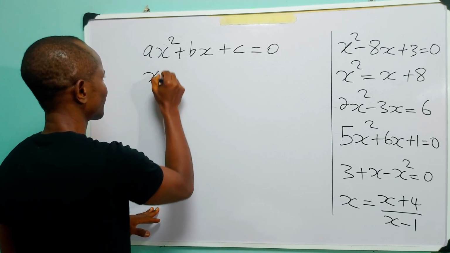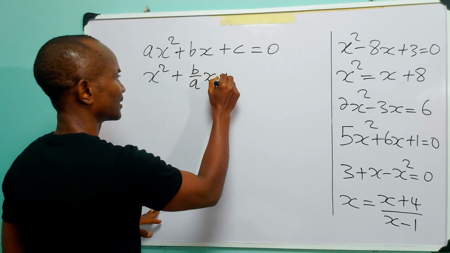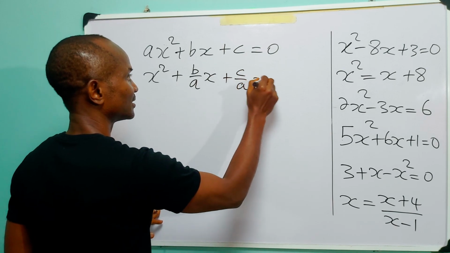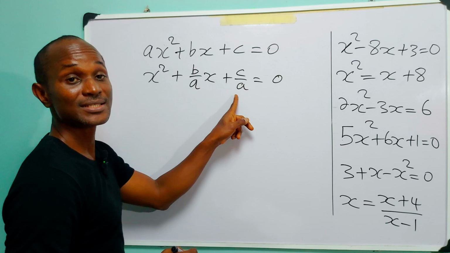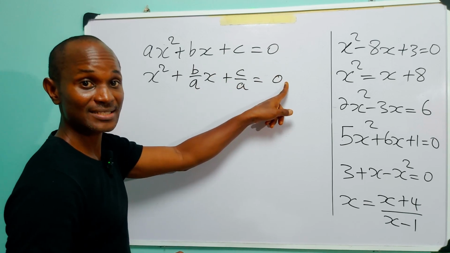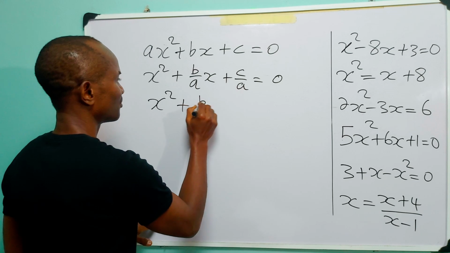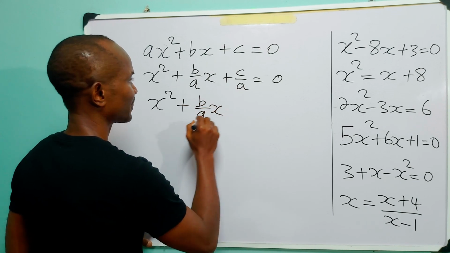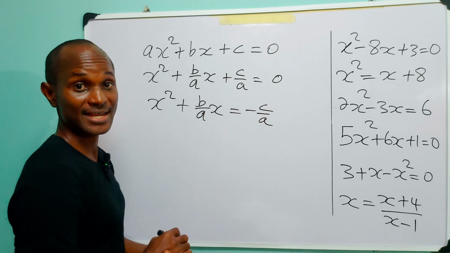So we have x squared plus b over a x plus c over a is equal to 0. The next step is to take the constant term over to the right-hand side of the equation. So we have x squared plus b over a x is equal to minus c over a.